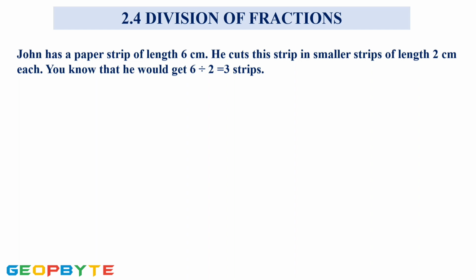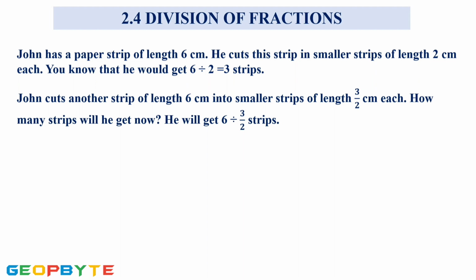John has a paper strip of length 6 centimeters. He cuts this strip into smaller strips of length 2 centimeters each. You know that he would get 6 divided by 2, which equals 3 strips. John cuts another strip of length 6 centimeters into smaller strips of length 3 by 2 centimeters each.